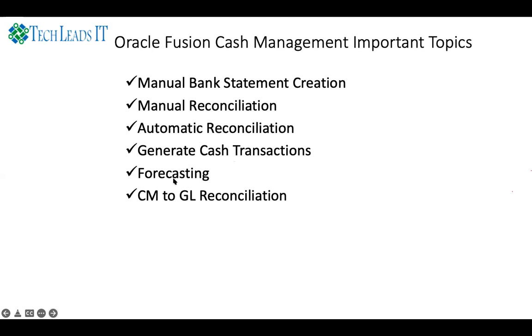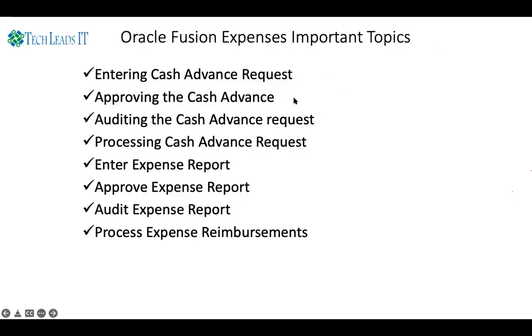Forecasting is one of the powerful features in cash management, which every organization prefers to have, so we will discuss it in depth. Apart from that, we will also have the reconciliations, from cash management to the GL aspect.